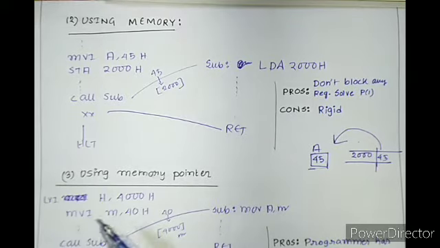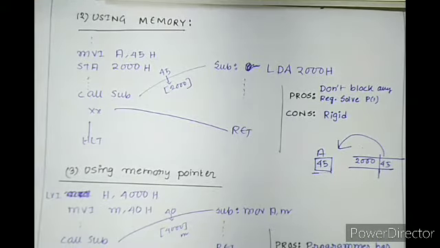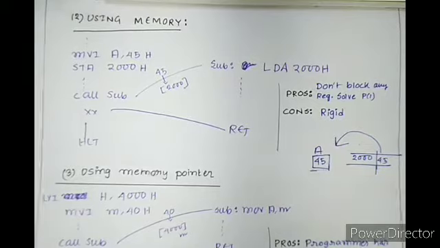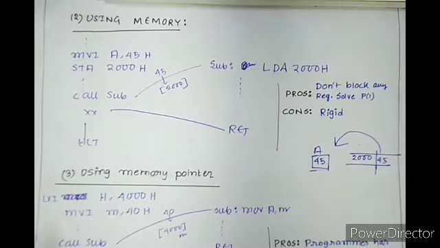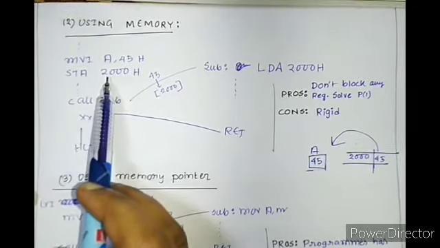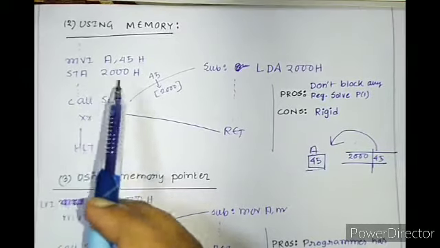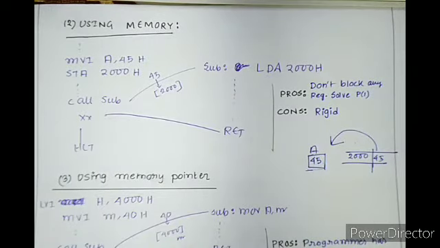But what is the disadvantage of this memory method? As you can see, I have used location 2000 in this program. I have chosen this randomly. Let's just think that obviously there will be huge programs, right? At some point my location 2000 is already blocked.